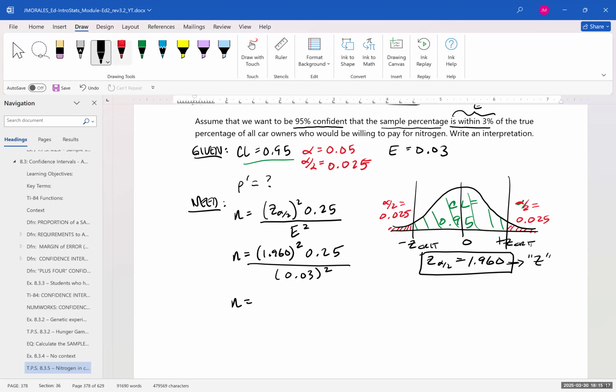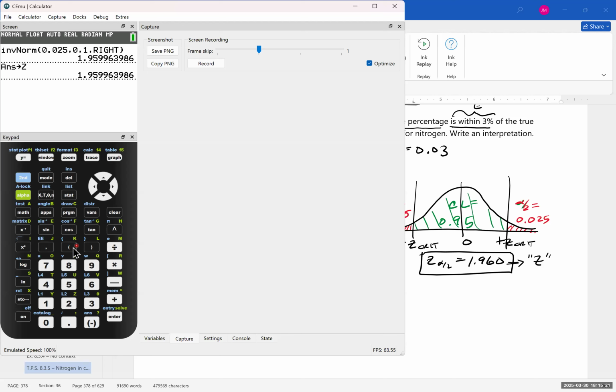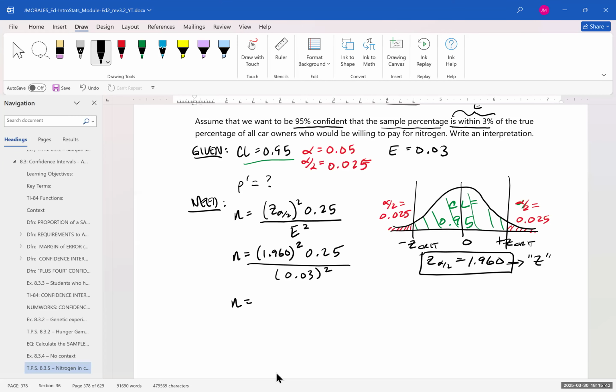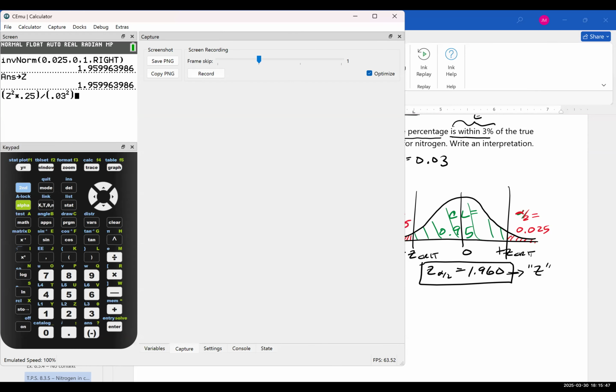So we're going to have in the numerator z squared times 0.25 divided by 0.03 squared in the denominator, right? Z squared times 0.25. Yep, that looks right.